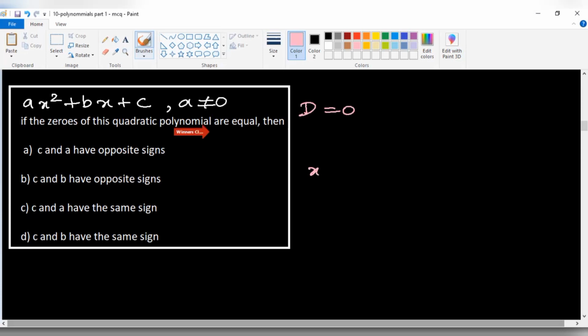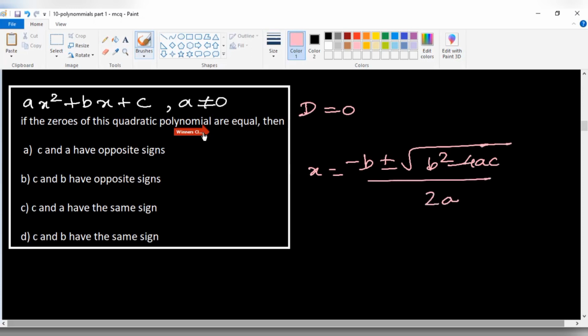We know x equals minus b plus or minus root of b square minus 4ac divided by 2a is the root. This will give us the roots. So if the roots or zeros are equal, it means b square minus 4ac is equal to 0. So we will do from there, b square minus 4ac equal to 0.